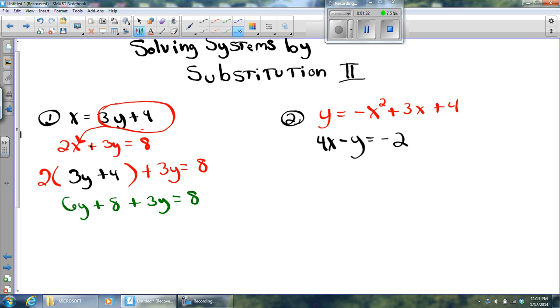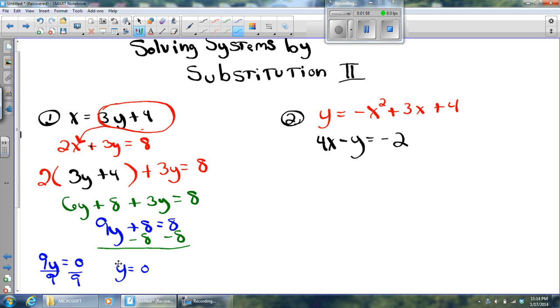Then I'm going to combine my like terms to get 9y plus 8 equals 8. And then I'm going to go ahead and subtract 8 from both sides, trying to get y alone. I'll end up with 9y equals 0. Dividing by 9 will yield the answer that y equals 0.